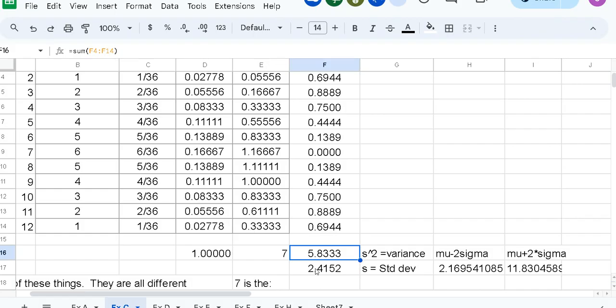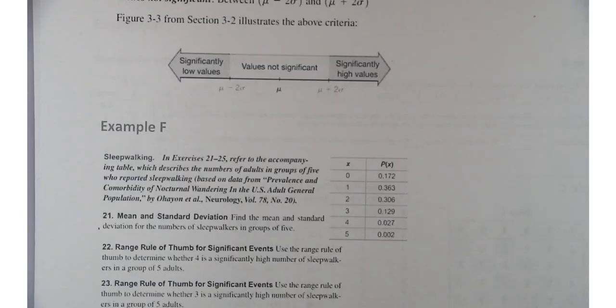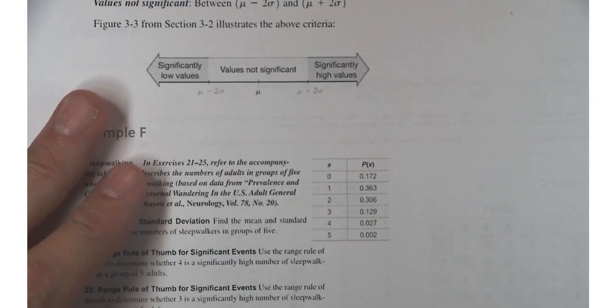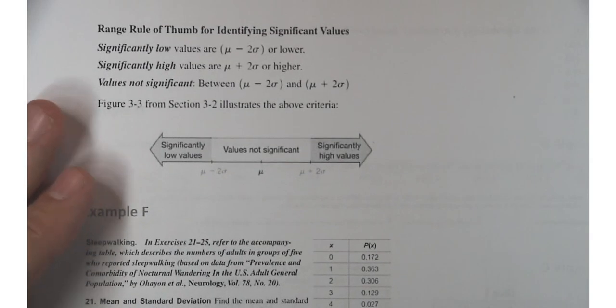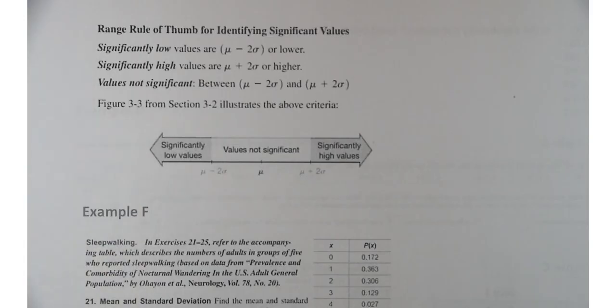Now, out of curiosity, let's see if we can apply our range rule. Let's go back to the range rule of thumb from chapter 4, or even chapter 3. The range rule of thumb talked about values that are significantly high, significantly low, and not significant.